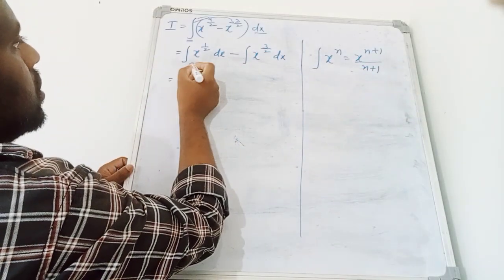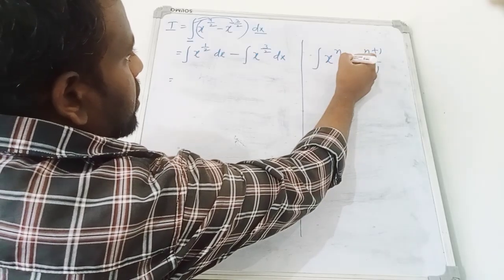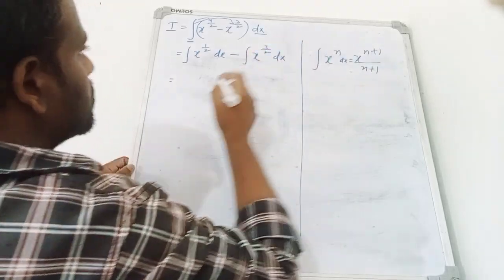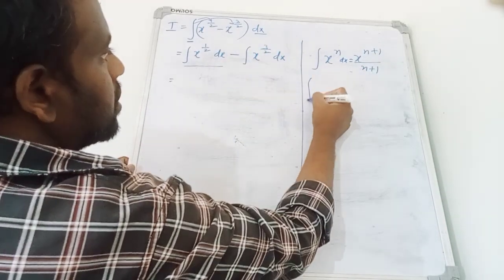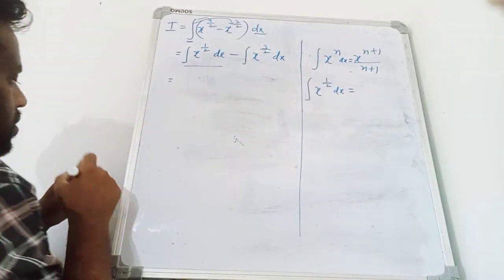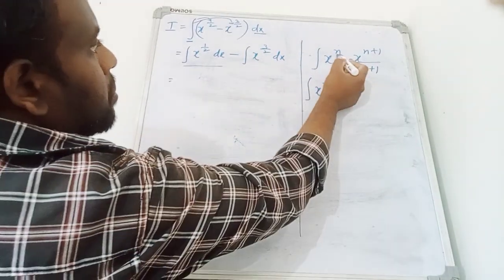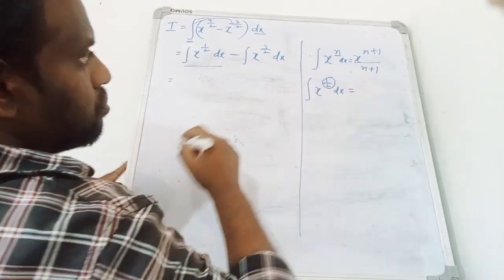Now dx is there. The integral of x to the power of half dx: you can see this is in the form of this, so in place of n we have half.